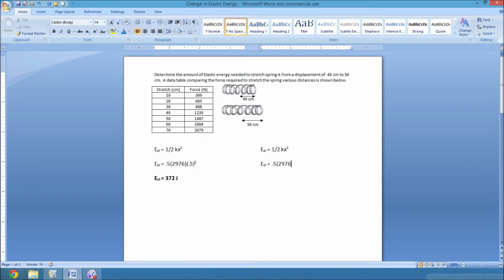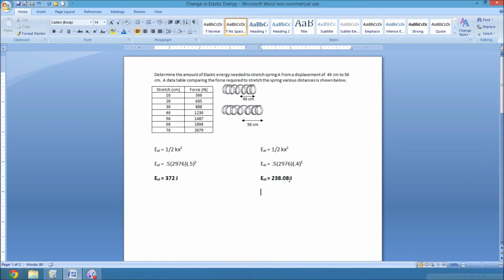That's going to be the spring constant at all times for that spring. But this time we want to know, what about when it was at 40 centimeters? So 0.4 squared should be 0.16, divided by 2, 0.08 times 2976 gives me 238.08 joules.